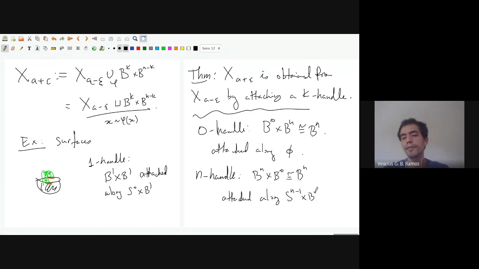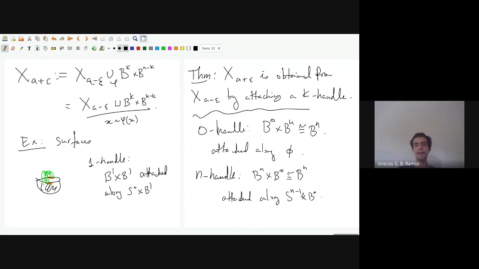So you just have to find an S^(n-1) on the boundary, and you attach it on that. So it's a little tricky. You can't always attach a handle to something you had before. You need this attaching map, which is this embedding. Okay? All right, so this is the theory of handle attachment and handle decomposition.